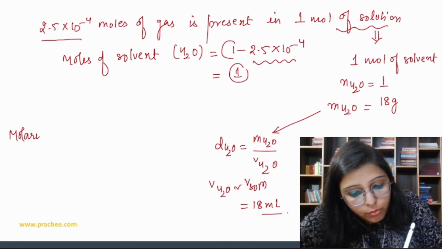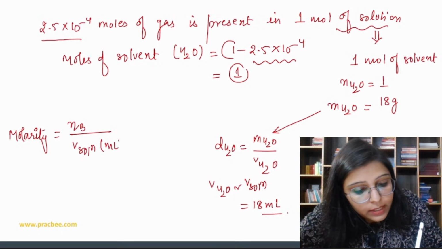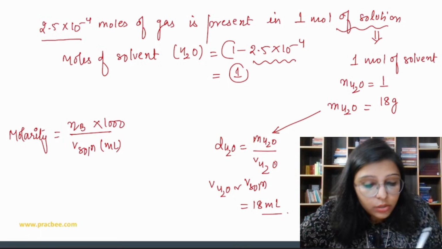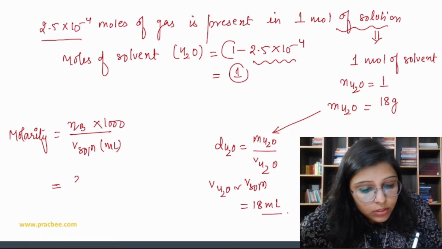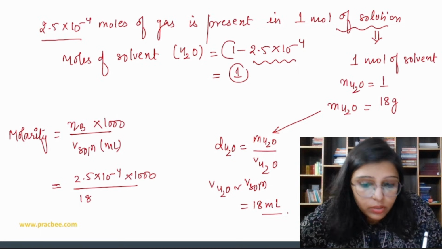So in order to find out molarity, molarity is number of moles of solute divided by volume of solution in liter. If it is in ml, you have to multiply the numerator with 1000, right? So moles 2.5 into 10 to the power minus 4, volume of solution in ml is 18, so we are going to write into 1000.